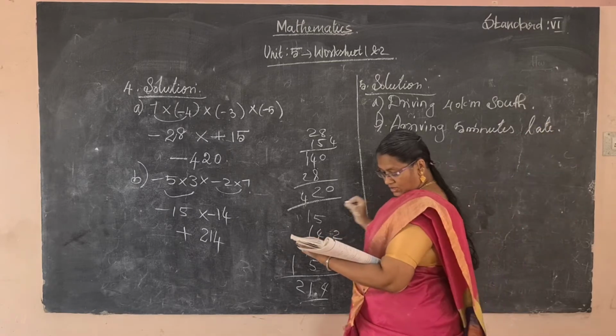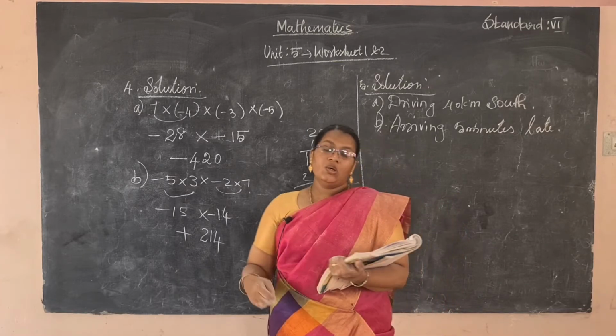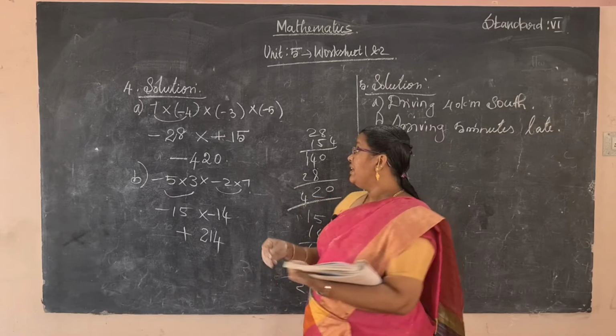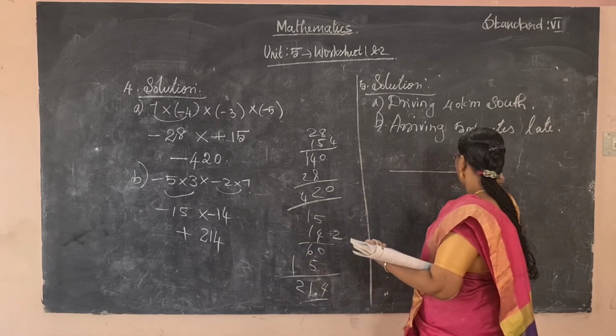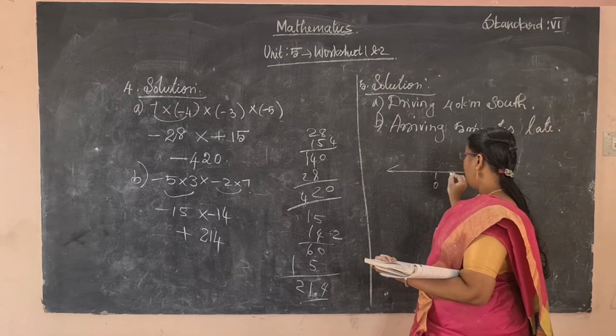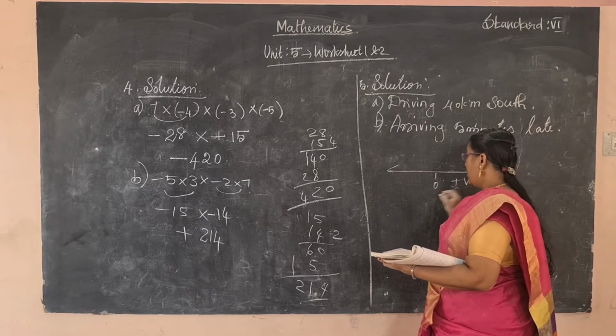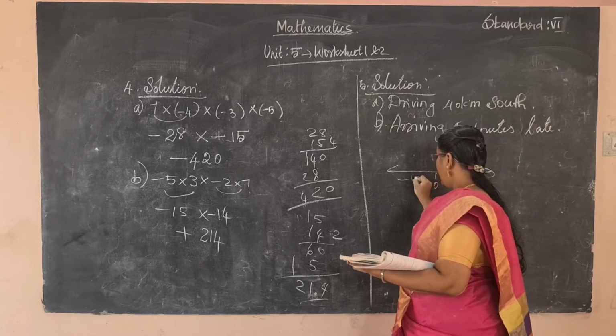Sixth one: choose the smallest number from each group. Which numbers are in integers? Zero is less than the positive numbers.